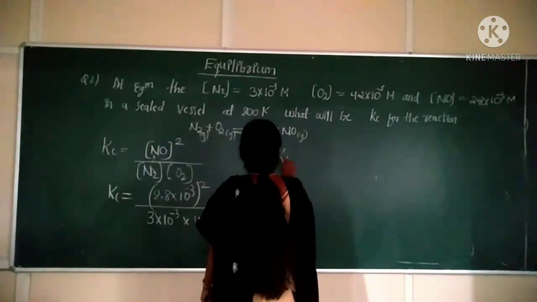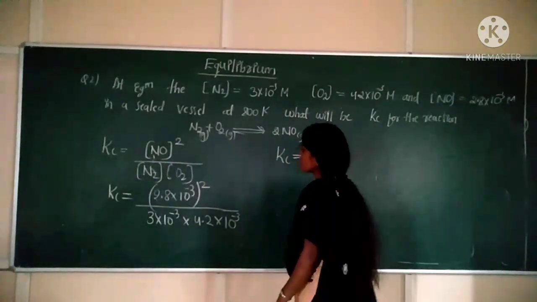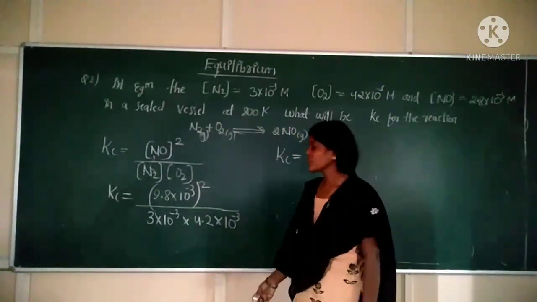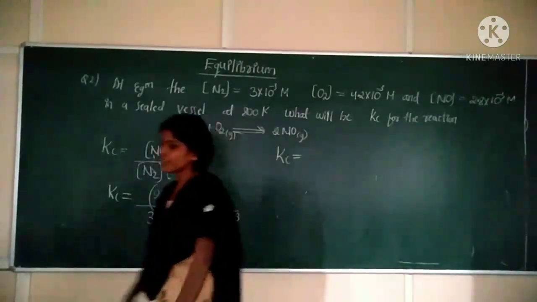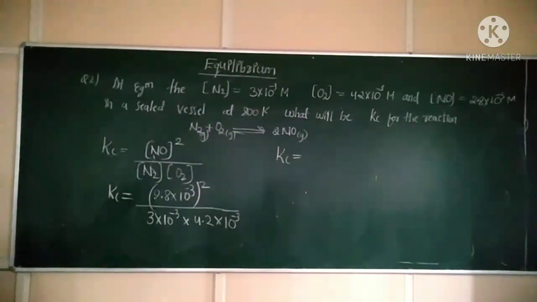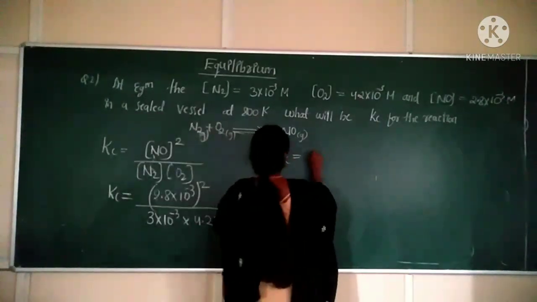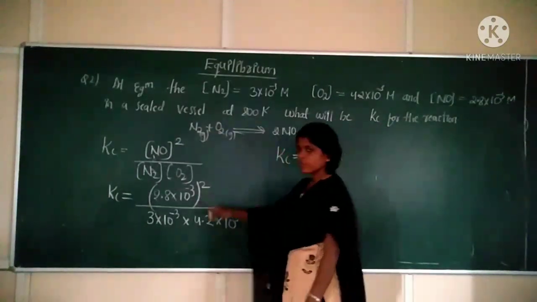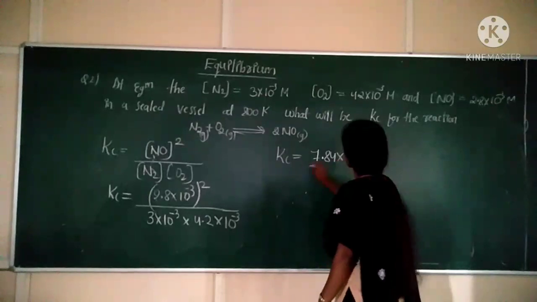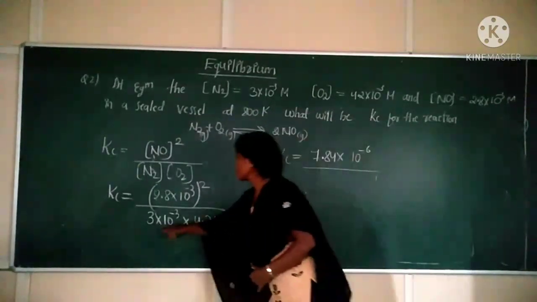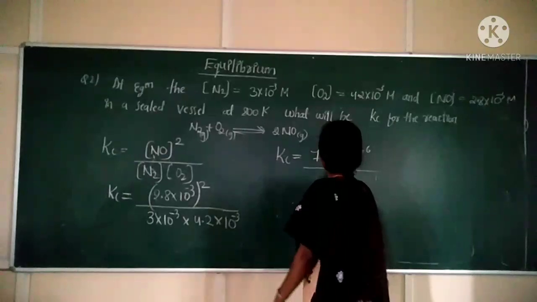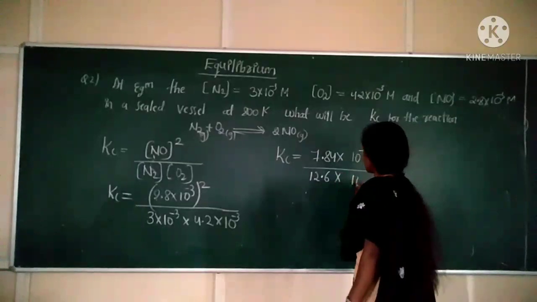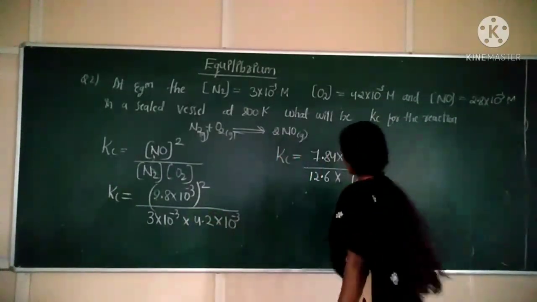Now Kc is equal to 2.8 whole square. 2.8 is almost nearer to 3, and 3 squared is about 9. So 2.8 squared will be in the range of 7 to 8. So it is 7.84. 10 to the power minus 3 whole to the power 2 means 10 to the power minus 6, divided by 3 into 4.2, which is 12.6, into 10 to the power minus 3 times minus 3, that is minus 6.